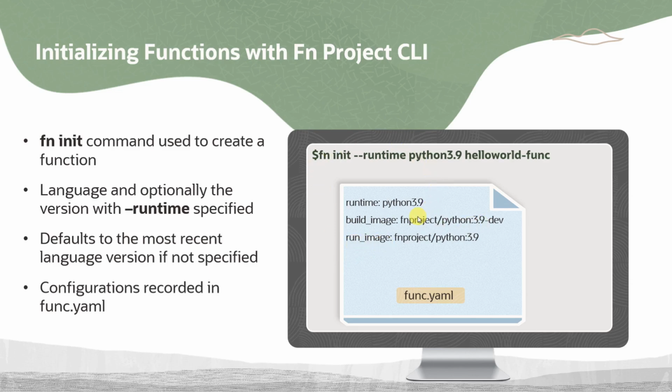As you can see in the example, if you enter fn init --runtime python3.9 and the function name, the Fn Project CLI adds the following to your func.yaml file. Here the runtime has been modified to Python 3.9, and the build_image and run_image parameters have also been modified to use Python 3.9.